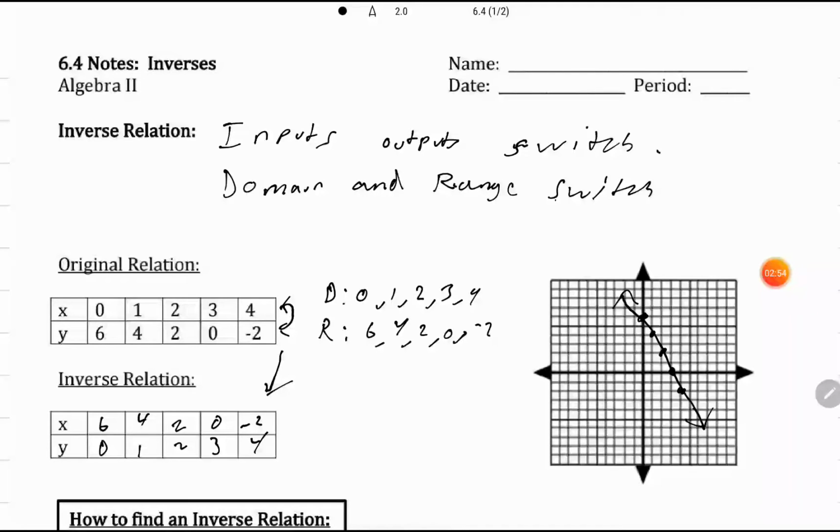Okay. So let's graph these: (6, 0), (1, 4), (2, 2), (0, 3), and (negative 2, 4).